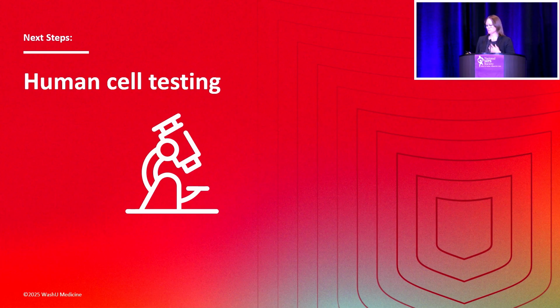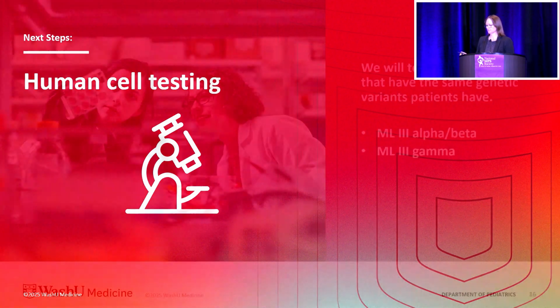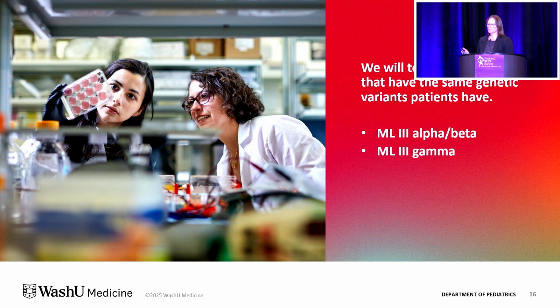Another next step that we plan to perform is human cell testing. What this will involve is testing S1, S3 in cells that have the same genetic variants patients have. Remember in the cartoon, we saw that there were alpha, beta, and gamma protein for the PTAs. There's 2 alphas, 2 betas, and 2 gammas.